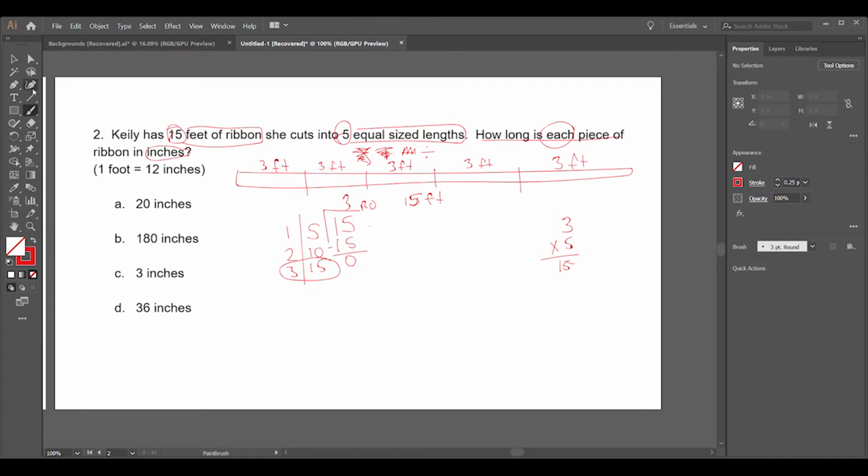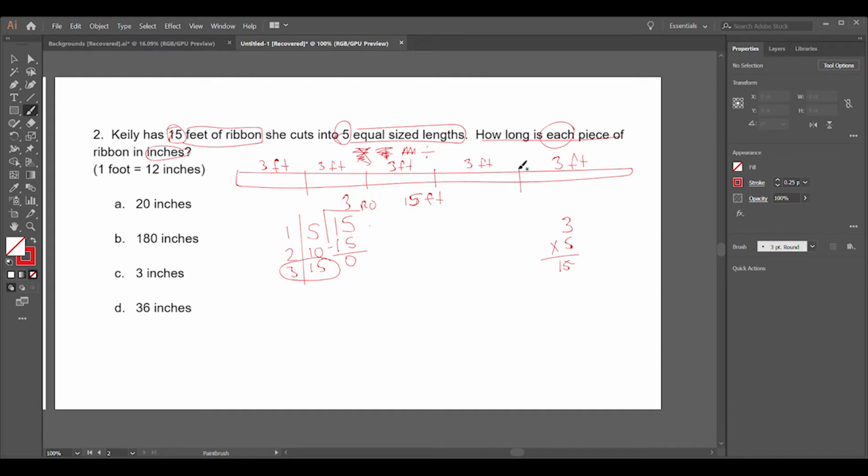Okay. Now, does that answer my question? I see a 3 here, so some of us might be confused, and we might think, okay, that solves everything. But did I really answer my question? How long is each piece of ribbon in inches? If we look here, our original measurement was feet, and we have not converted yet.